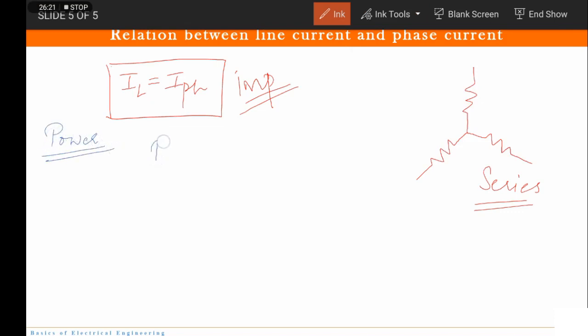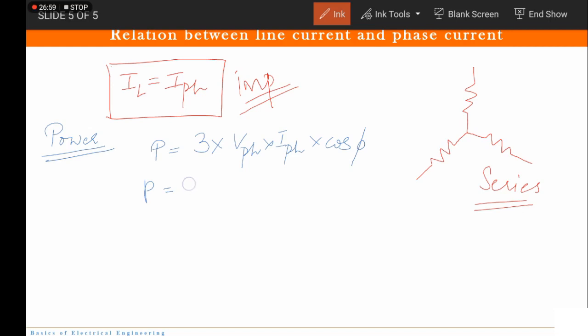Okay. Now let us calculate the power. Now since here 3 phases are used, this is the power, V I cos phi, correct? This is the power for one phase, but since we have 3 phases, this has to be multiplied by 3. Okay, fine. But when I place the value of phase voltage with respect to line voltage, I will replace phase current by line current, and I will replace phase voltage in terms of line voltage.